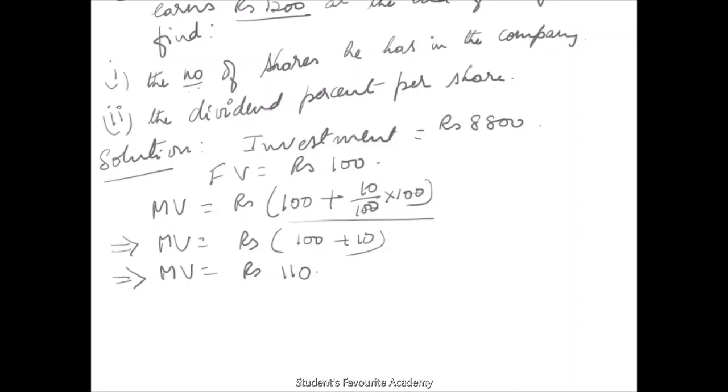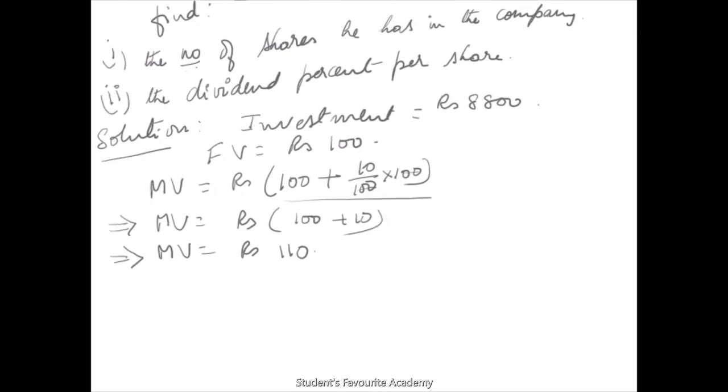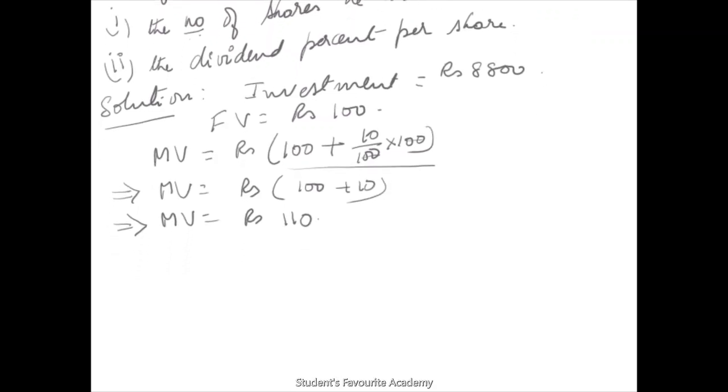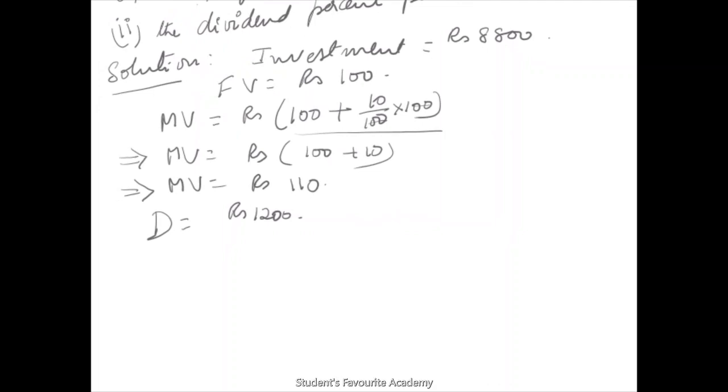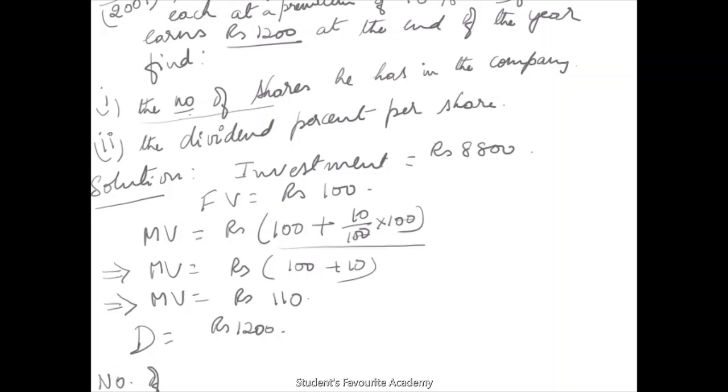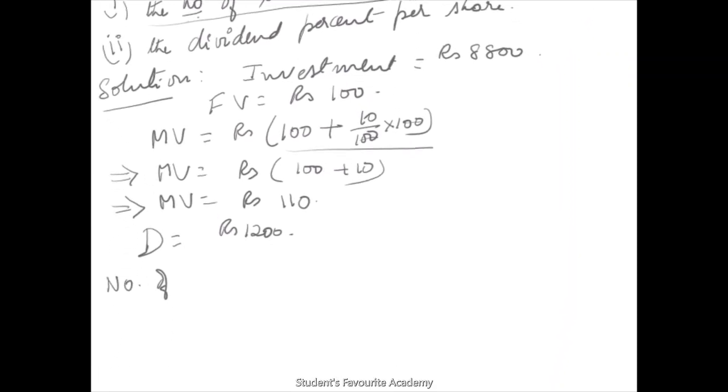So now you know the investment, you know the market value, you can find out the number of shares. Also one more data we know, that is the total dividend he earned. So let us keep it in mind. We also know dividend earned is rupees 1200. Okay, so let us first find out the number of shares he has in the company.